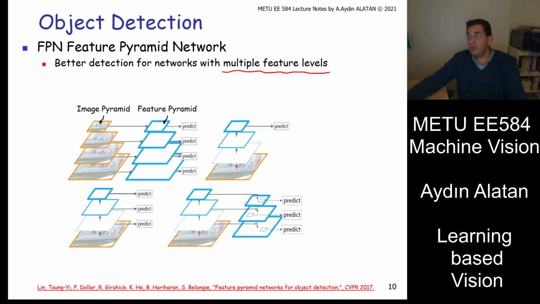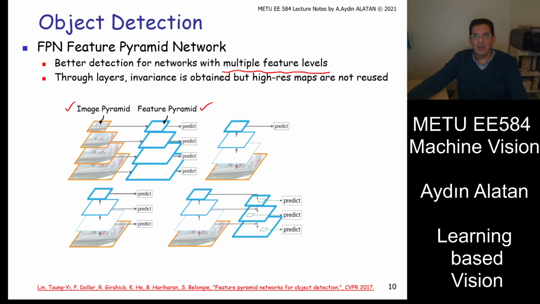Therefore, what we are doing, especially for the small objects, is obtaining both image pyramids and feature pyramids together. In fact, for a long time, people were using these concepts. In other words, we have an original image, then low resolution, low resolution, low resolution, and in the meantime, you have some features here. Also, those features are getting smaller and smaller.